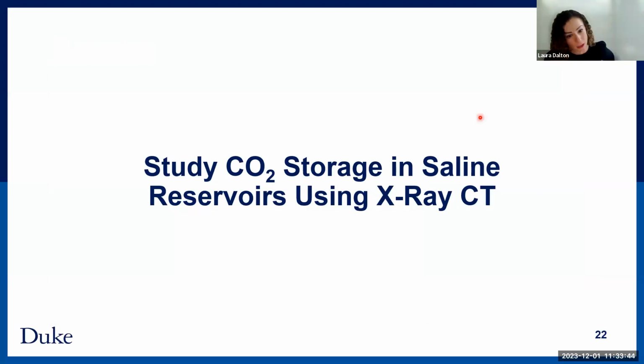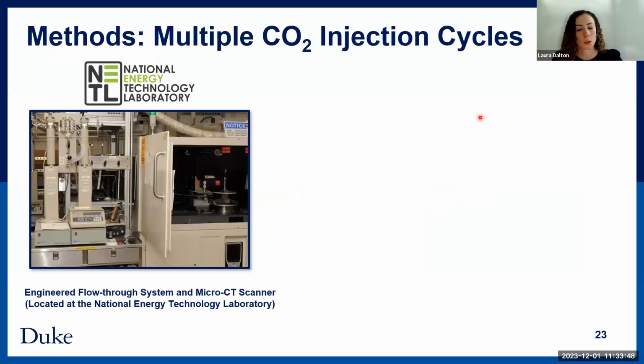But the bigger thing was studying CO2 storage in saline reservoirs. Something I was interested in is if we could increase CO2 storage in the subsurface if you do multiple cycles of CO2 injection. To do that, I learned how to run this system here on the left, at NETL in Morgantown, West Virginia. We have a confining pump in the back to put confining pressure on your sample.